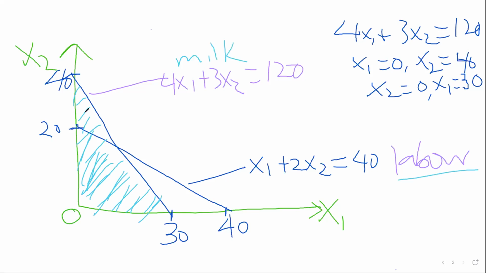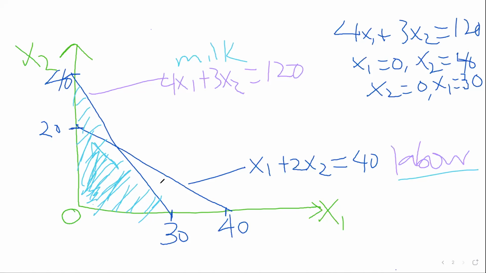So if you look at the milk constraint, this 40-30 line and the area to the left of it, which I have just shaded, that is what is representing the milk constraint area. But if I look at the labor constraint area, it will be the 20-40 line, 20 at the top here, the 40 at the bottom right, and the spaces.